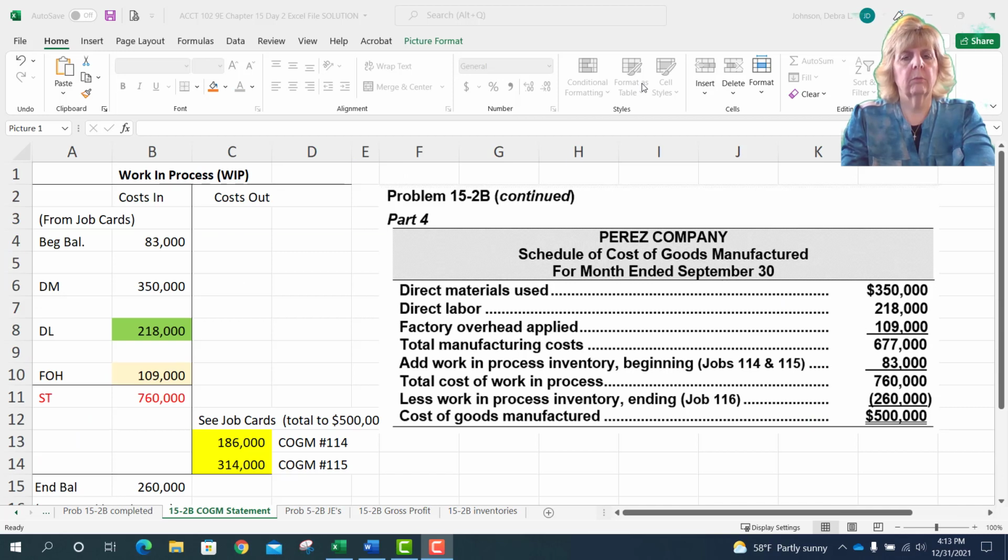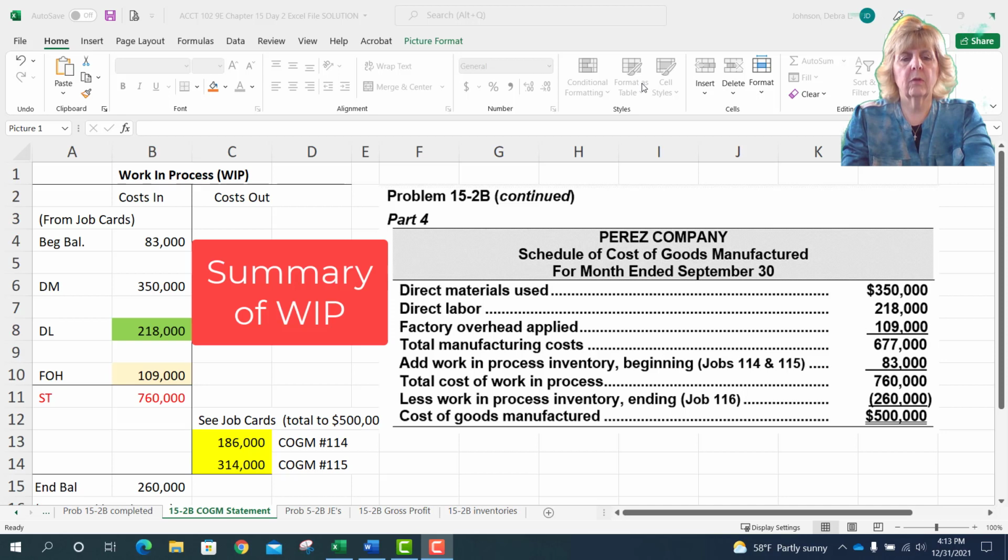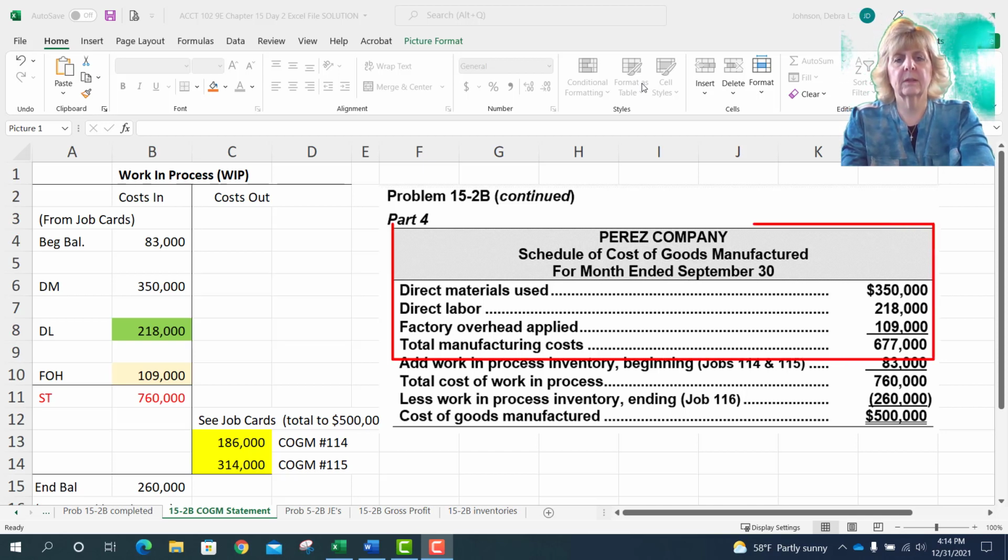Part 4 of this problem asked us to prepare a formal schedule of cost of goods manufactured. As we've been practicing now for several chapters, the schedule of cost of goods manufactured is really a summary of the WIP T account. So take a look at the statement, and once again, make sure you understand how this picture of WIP is worth 1,000 words. You'll notice in the schedule that the 3 product costs are listed first: direct materials, direct labor, and factory overhead.